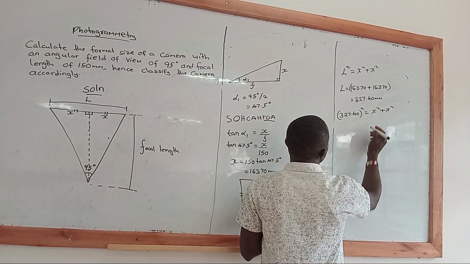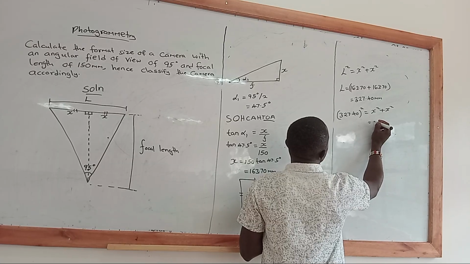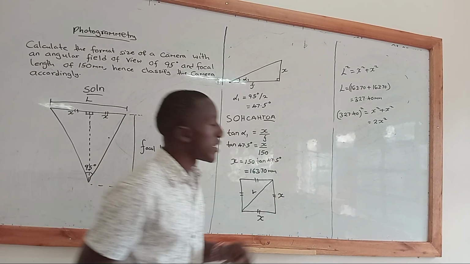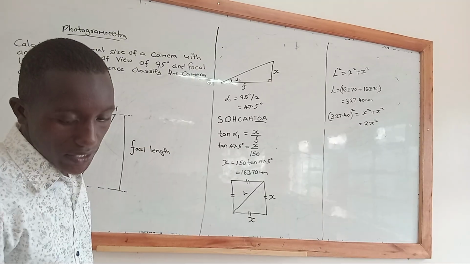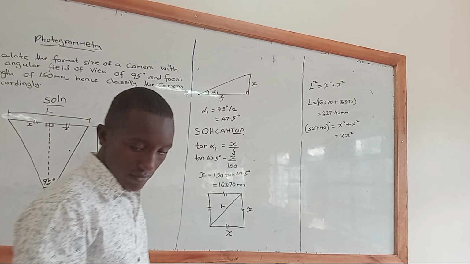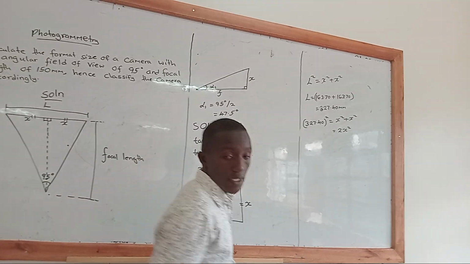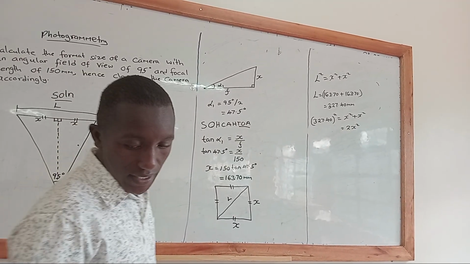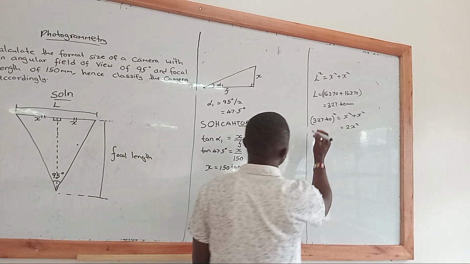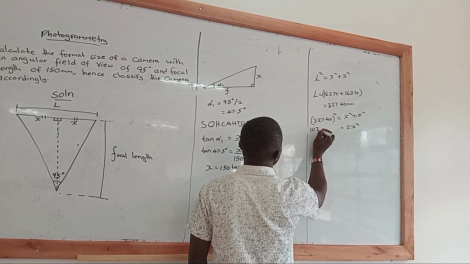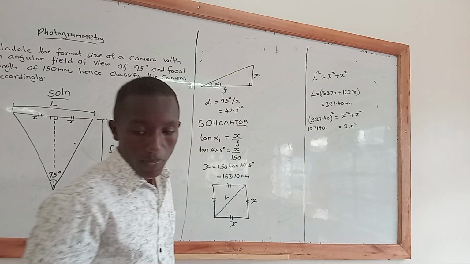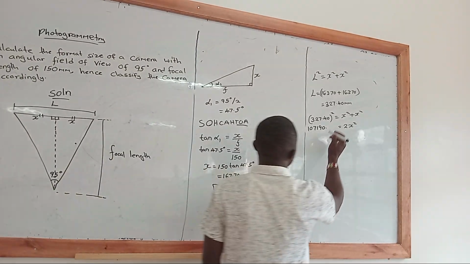So in this case, we have 2x squared, and if you square that one, you will get 107190.76.